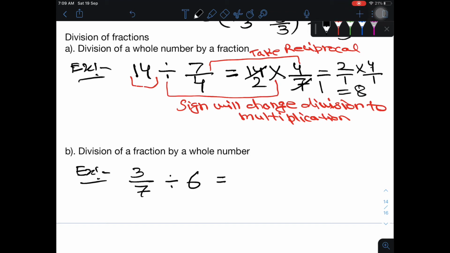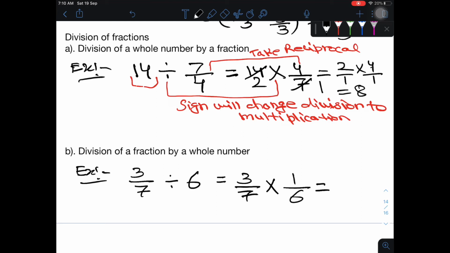We write the first number, the fraction 3 by 7, as it is, and the second number, which is 6, we write in reciprocal form, and change the sign from division to multiplication. I will write the reciprocal of 6, and we know how to write a whole number, just write 1 by 6. So 1 by 6 will be the reciprocal of 6.